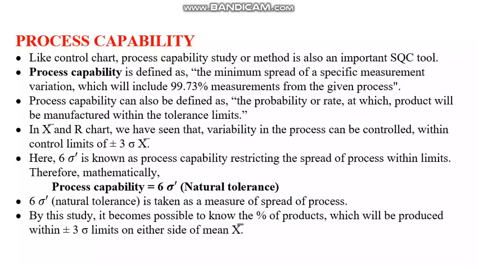Process capability is defined as the minimum spread of a specific measurement variation which will include 99.73% of measurements from the given process.